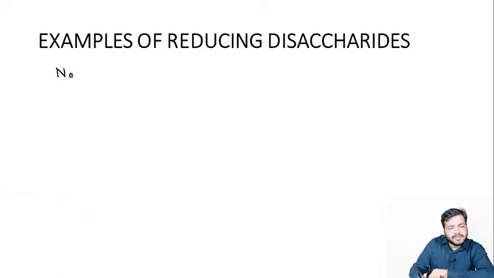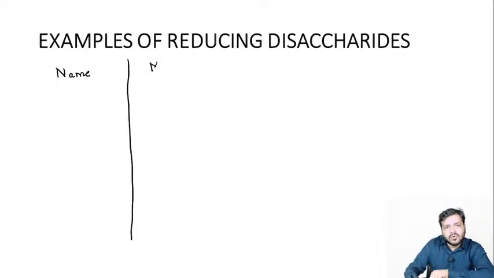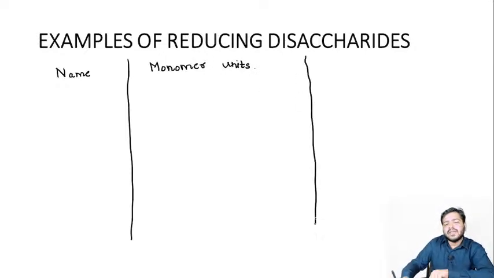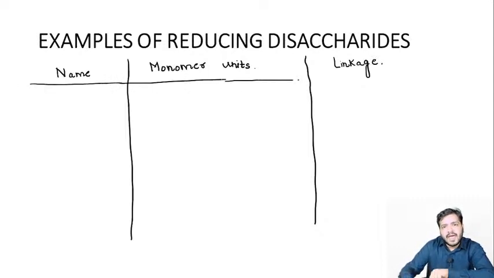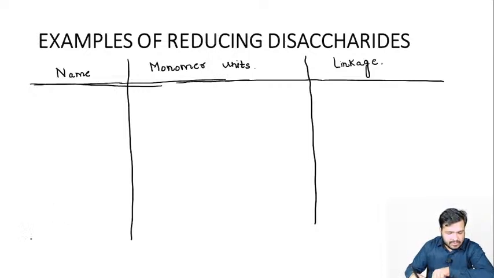First we will write the name, after that the monomer units, and then I will write about the linkage. So the very first one is maltose.